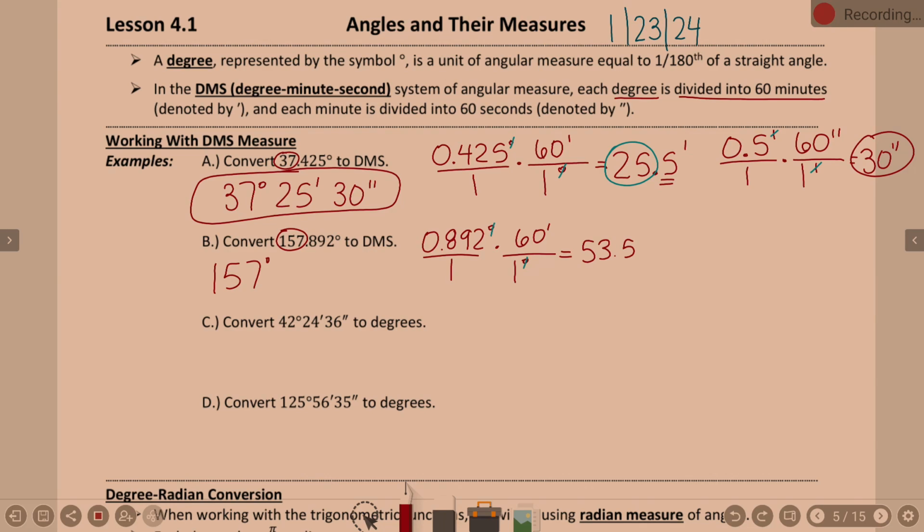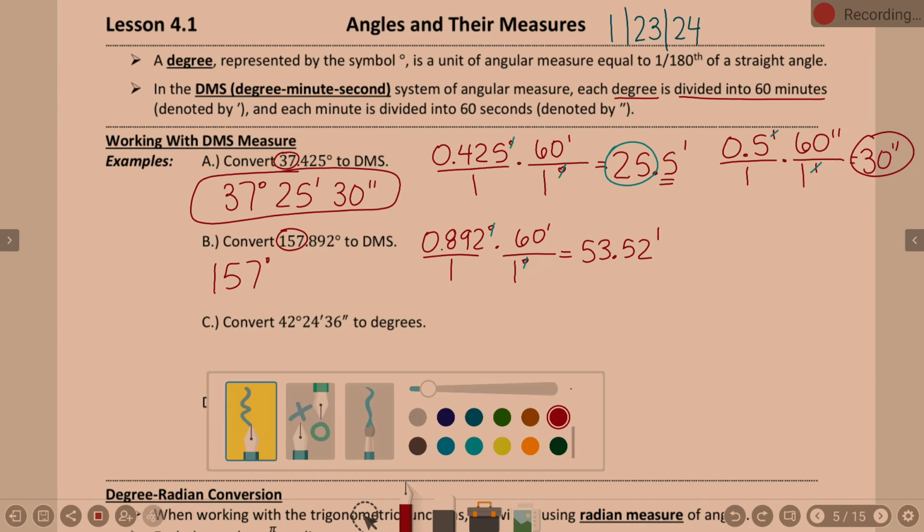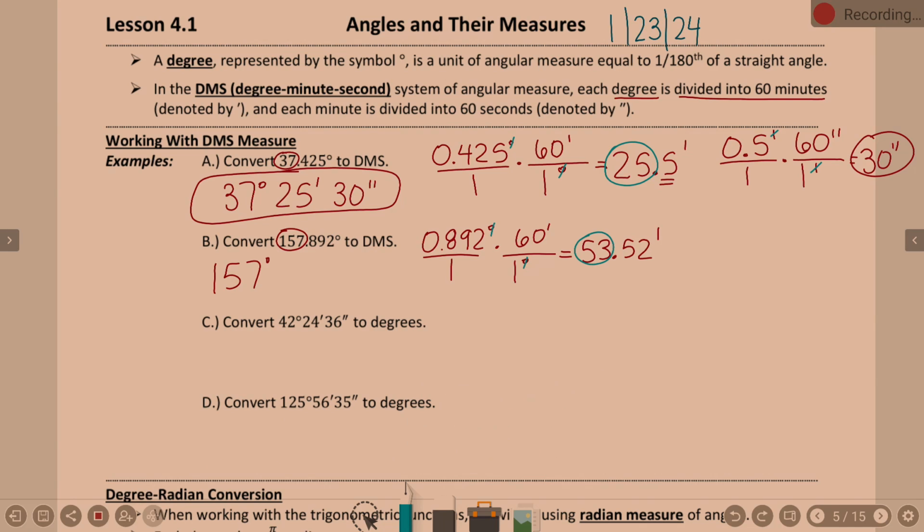And what is my label at this point? Minutes. Okay, so what do we know goes towards our answers? How many whole minutes do I have? I have 53 whole minutes. It's going to go over towards my answer. What do I have in terms of leftover minutes?